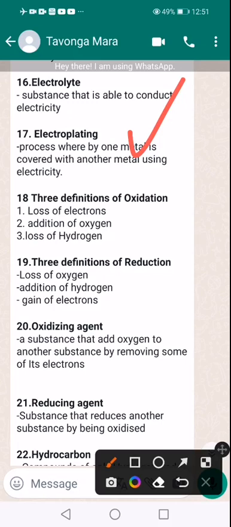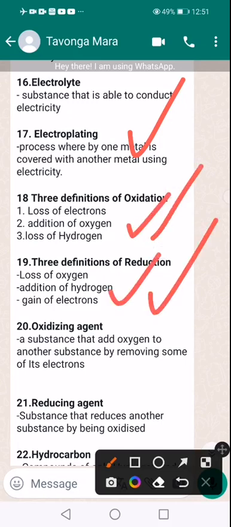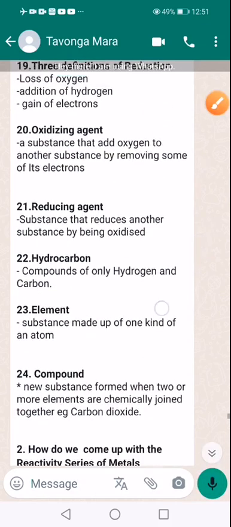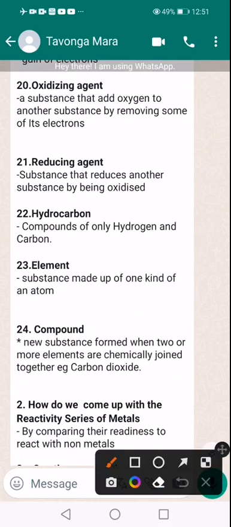Then the 3 definitions of oxidation I have already explained. Oxidizing agent: an oxidizing agent is a substance that adds oxygen to another substance by removing some of its electrons.